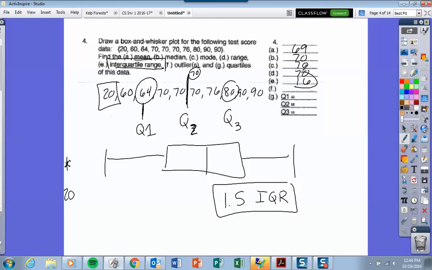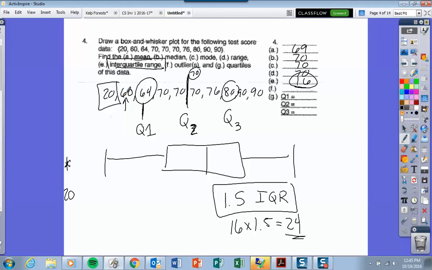My interquartile range was 16, so I would go 16 times 1.5, which gives me 24. If my outlier is 24 less than my smallest number, then it is going to be an outlier. 60 minus 24 gives me 36, therefore this is an outlier.